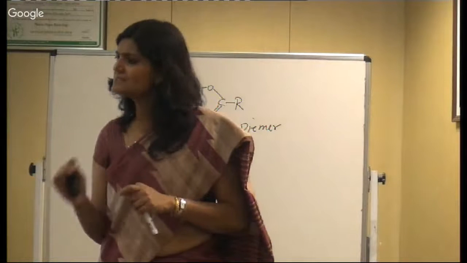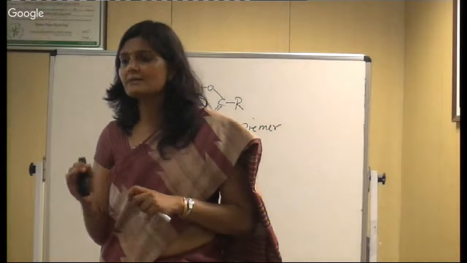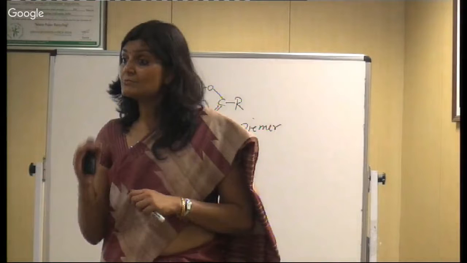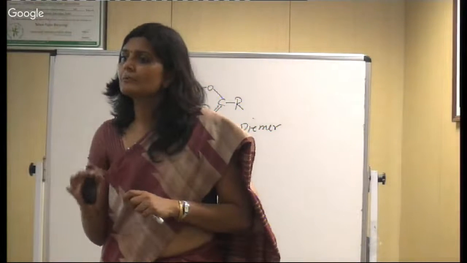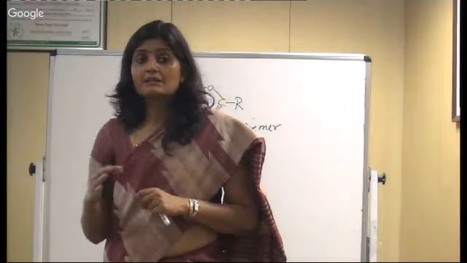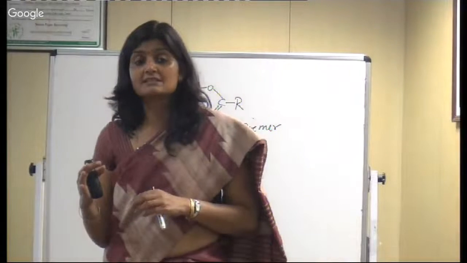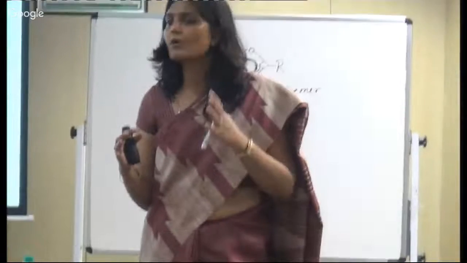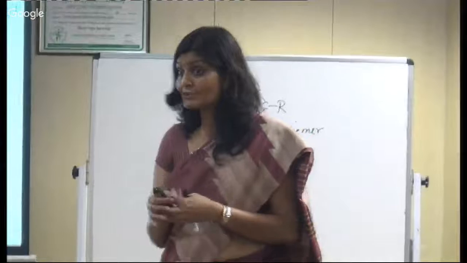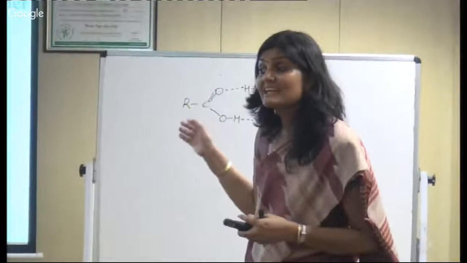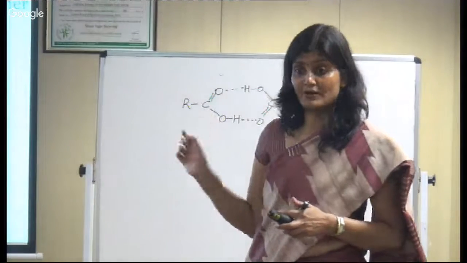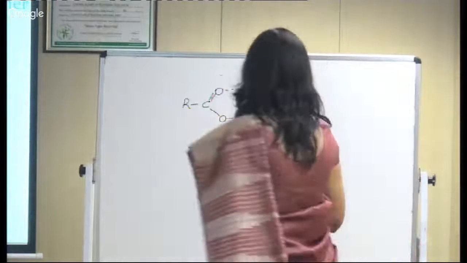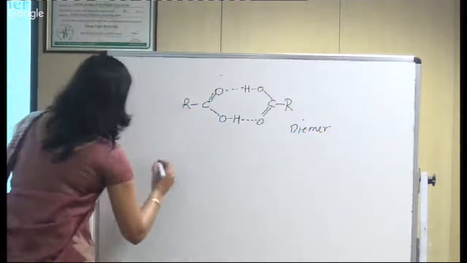You have extensive intermolecular hydrogen bonding taking place in solution phase, which makes them practically non-volatile. Beyond C8, carboxylic acids are waxy solids and absolutely non-volatile in nature because of the extensive intermolecular hydrogen bonding. I will show the structure, how to depict the intermolecular hydrogen bonding.